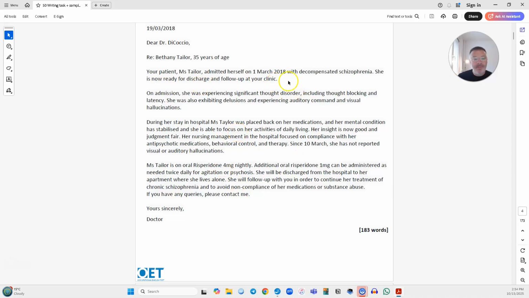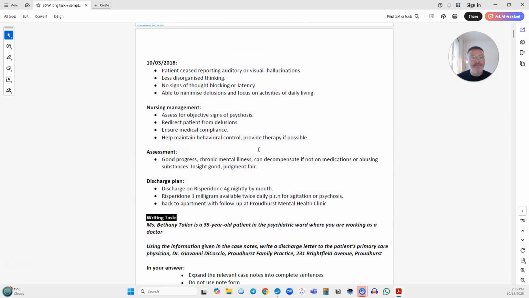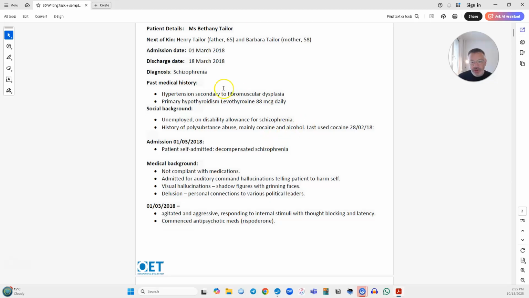because it doesn't mention your patient admitted herself. You mean self-admitted. Admission, okay. Does it say why she had this? Well, here it doesn't, because the key thing in the notes is the admission date, 1st of March.